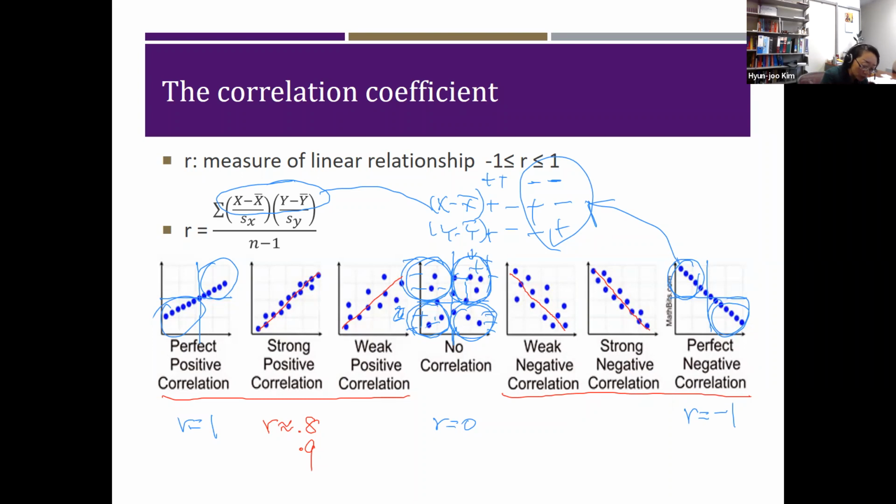The third one, you will see probably 0.4, 0.5-ish numbers. The other way, this guy will be maybe around -0.4, -0.5-ish. And this guy will be -0.9 or -0.8-ish numbers that you're going to see.